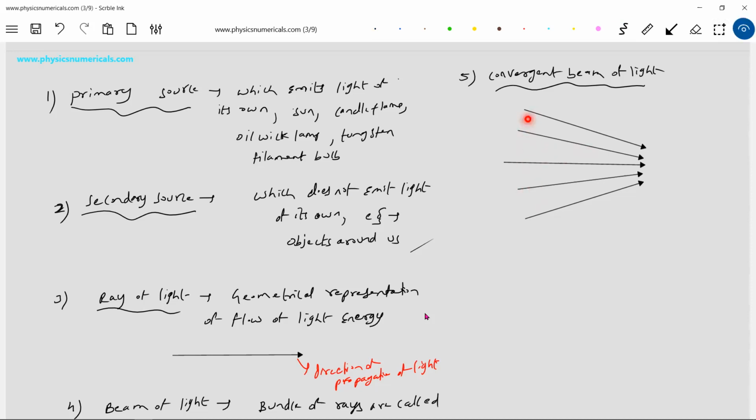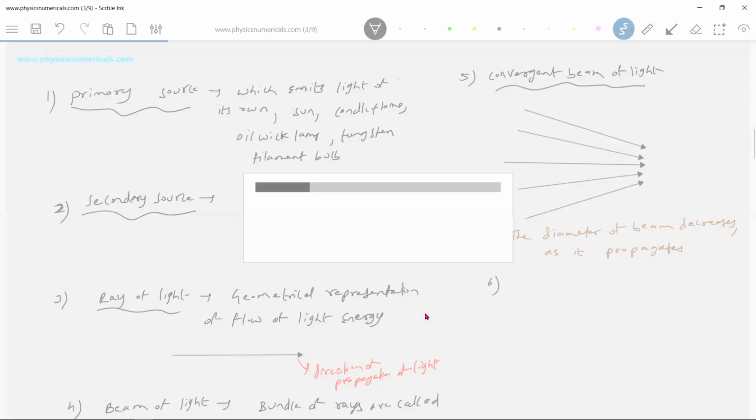Here the diameter is more, and as it propagates the diameter decreases. Therefore, it is said to be a convergent beam. So the definition for a convergent beam: the diameter of the beam decreases as it propagates.